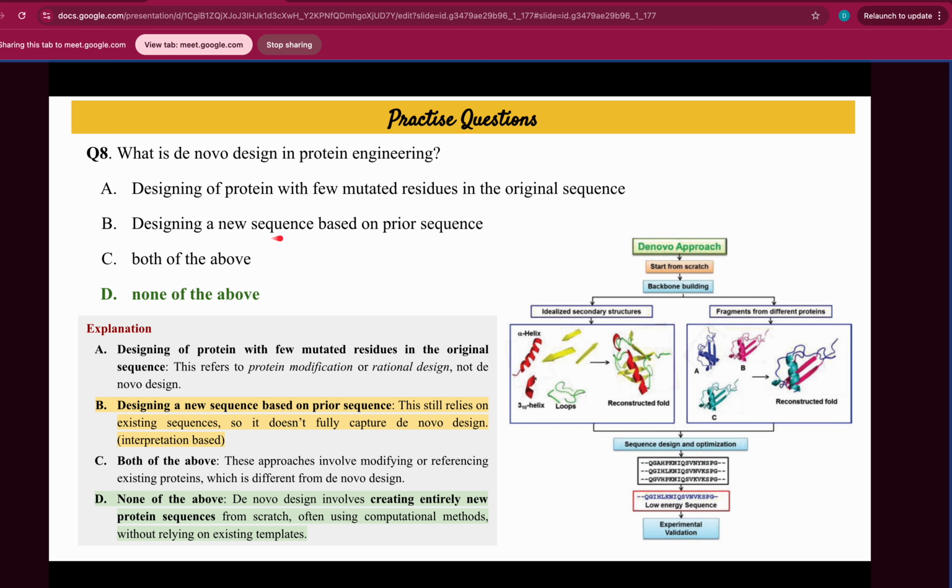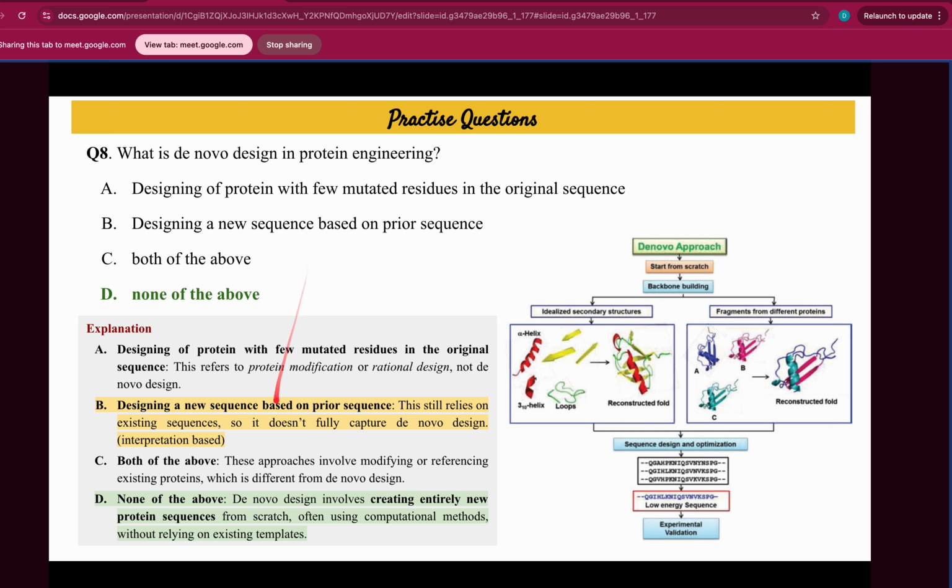But when we talk about option B, designing a new sequence based on prior sequence, it depends how we interpret it. If the prior sequence means a template, then this option is not true. But if prior sequence means that we are taking information of already available secondary structures or already available protein domains or protein parts, then this option can be true.